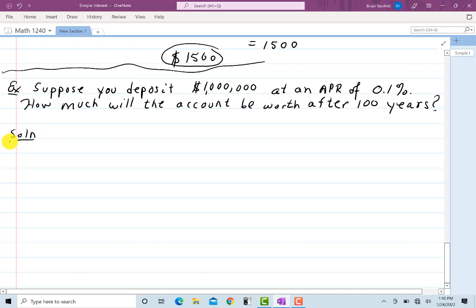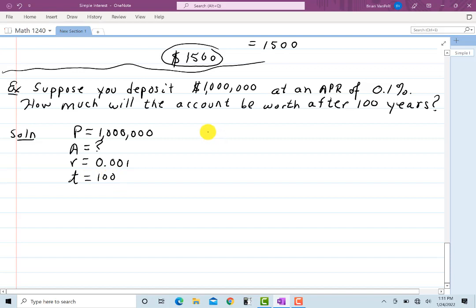So let's take a look at the letters that we all have. The principal is 1 million. Of course, the amount, I don't know that. The rate is 0.001. Be careful with your decimals. T equals 100.